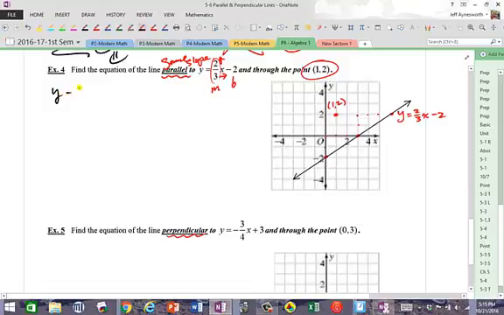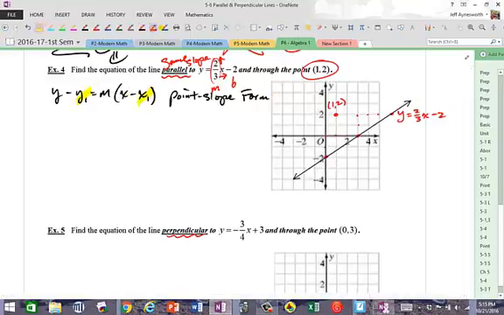So y minus y1 is equal to m times x minus x1. This right here is called point slope form. We always use it, all right, when you want to find the equation of a line. We need to know a point, which is x1, y1, which is right here, by the way.